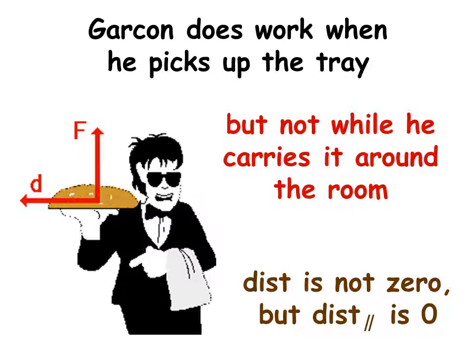He doesn't do any work then, because the distance is not 0, but the parallel distance is 0. So when he picks up the tray, he does work, but when he walks in the room, he doesn't, because the parallel distance is 0, so the work is 0.